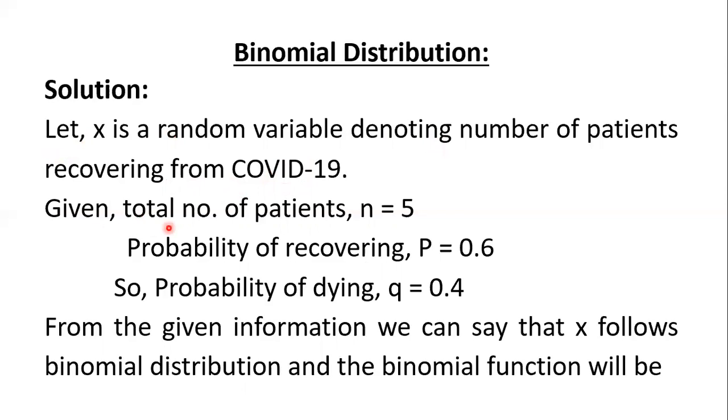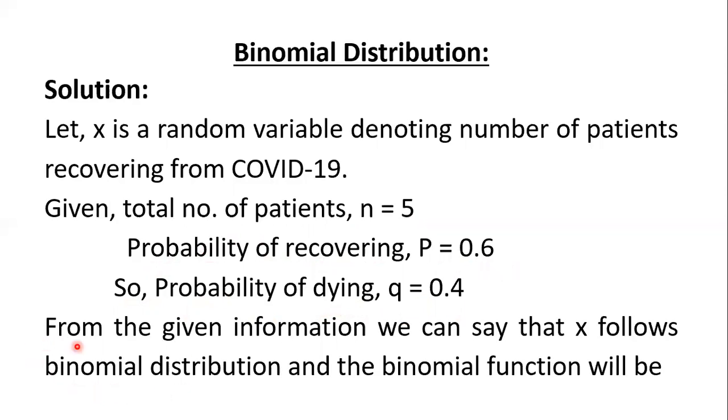Here, the total number of patients n equal to 5, and probability of recovering p equal to 0.6. So probability of dying q equal to 0.4.